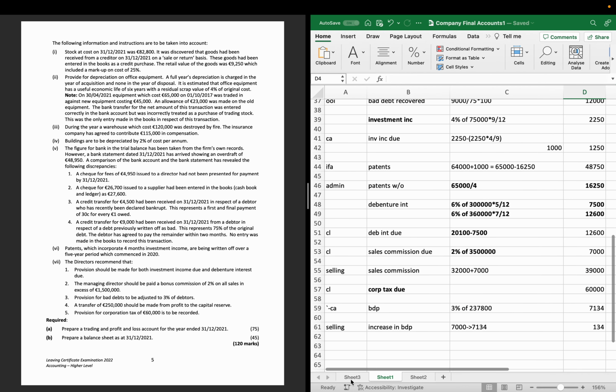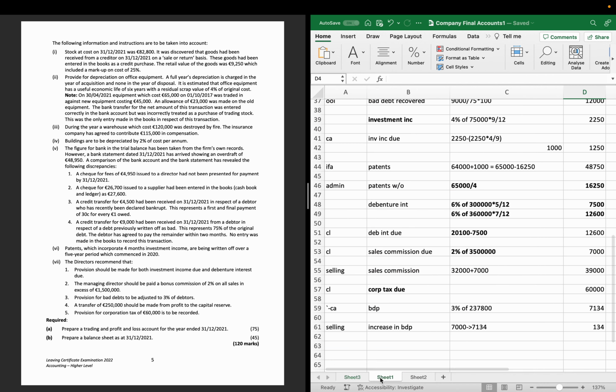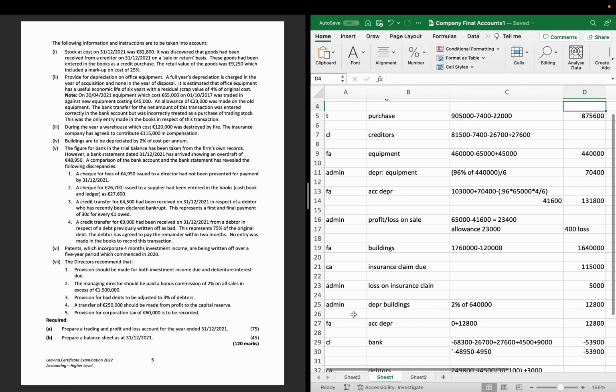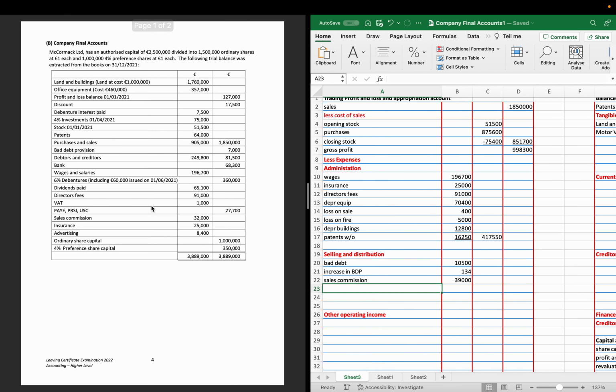You've got your sales commission 39,000. Conceivably, that 7,000 might go in director's fees either. I'm sure you wouldn't lose marks. I don't know. And then, if you've got any more selling, you don't. So on the first page, you've got advertising of 8.4.